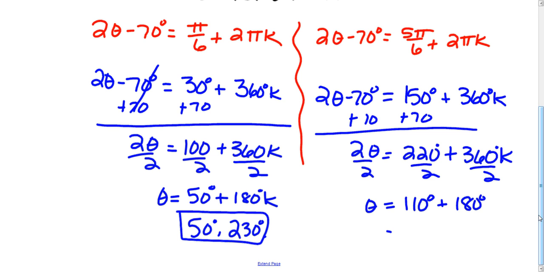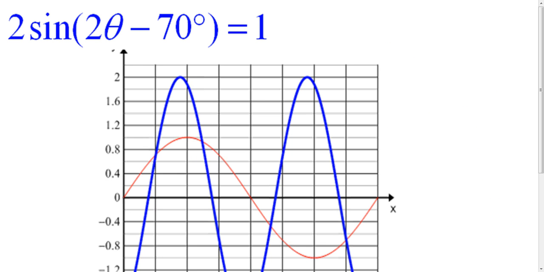So my first answer is 110 degrees. If I add 180 to that, I will get 290. And if I add 180 to that, I will be over 2 pi or 360 degrees, so I don't need to worry about it. And you can see from the graph that there are a few spots that work too.